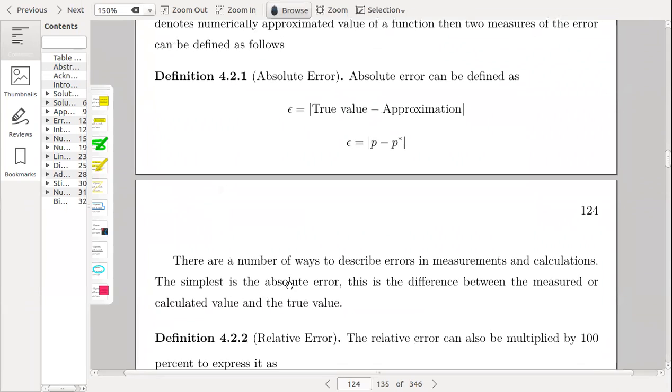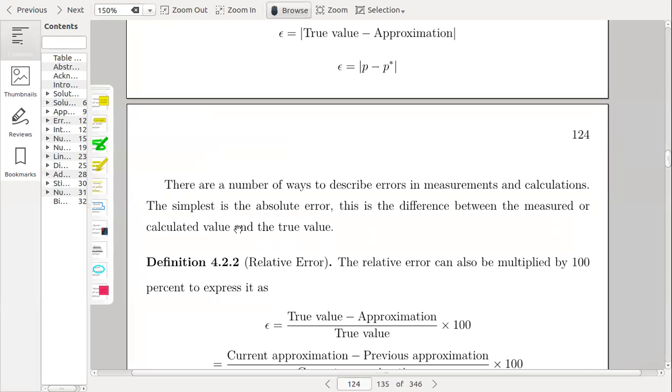There are a number of ways to describe errors in measurements and calculations. The simplest is the absolute error. This is the difference between the measured or calculated value and the true value.